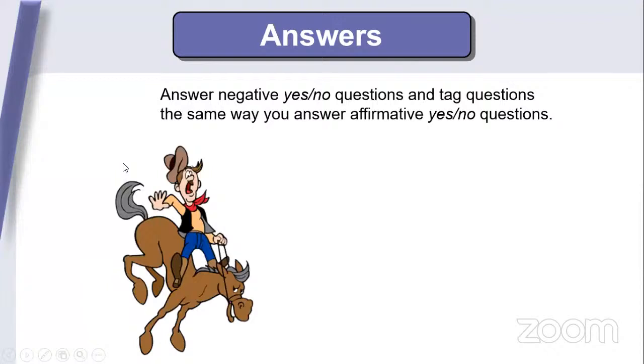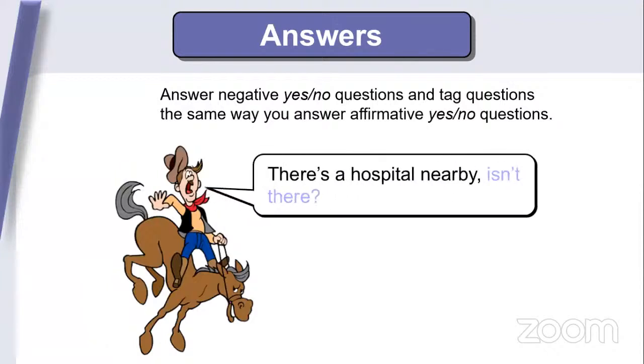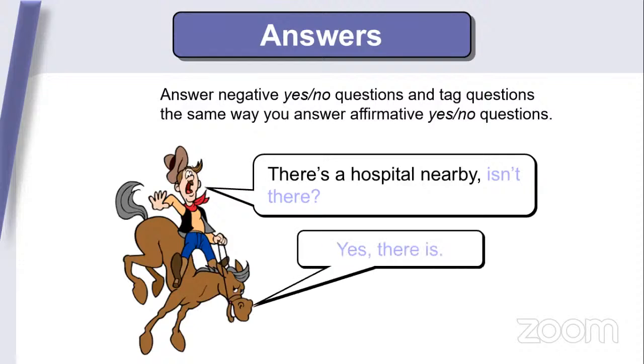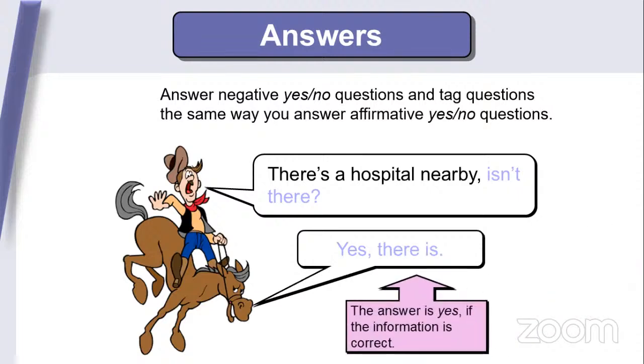Okay. So, continue reading, please. Answer negative yes/no questions and tag questions the same way you answer affirmative yes/no questions. For example, there's a hospital nearby, isn't there? You're going to say yes, there is. The answer is yes if the information is correct.